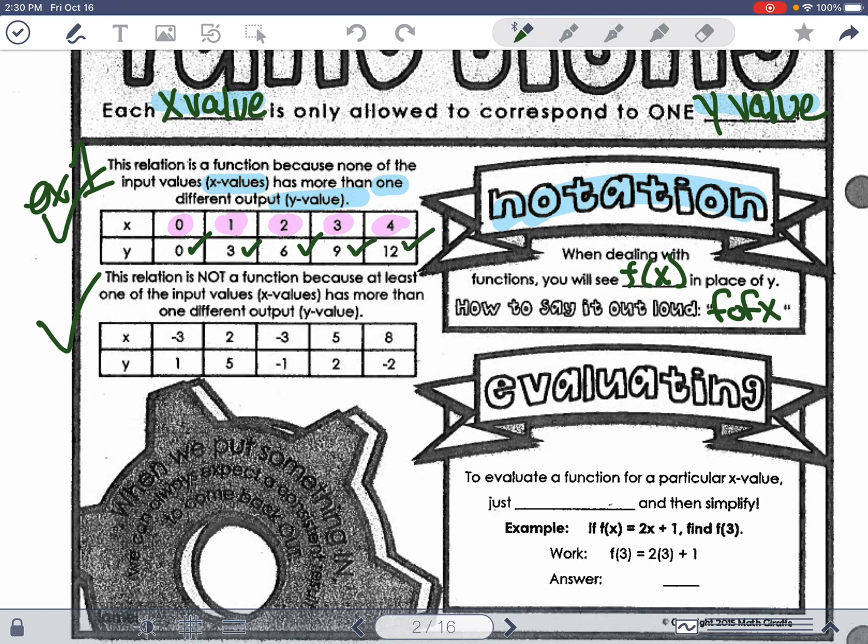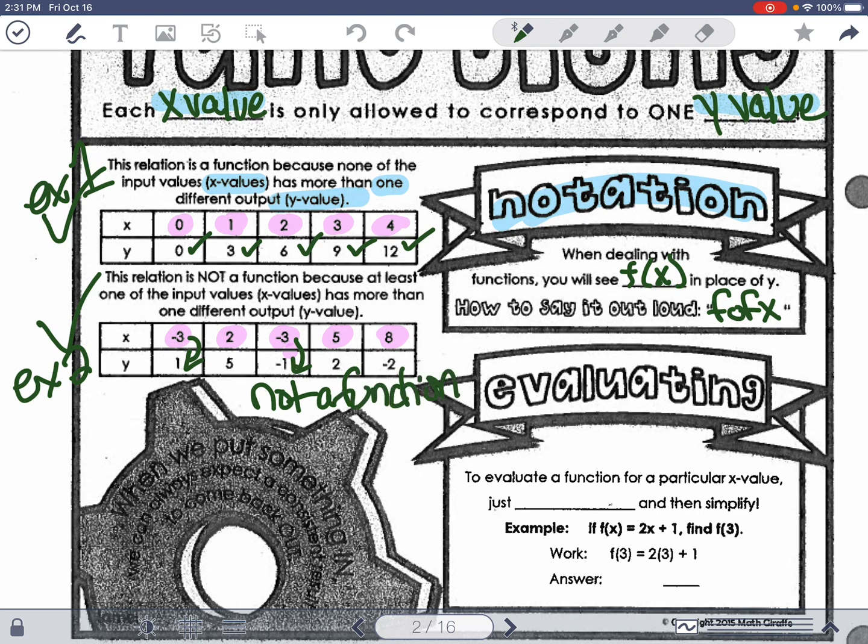All right, now example 2, look at your input values. Do you see how -3 showed up twice? When it showed up twice in our table, it was matched to two different outputs. So it's not a function.